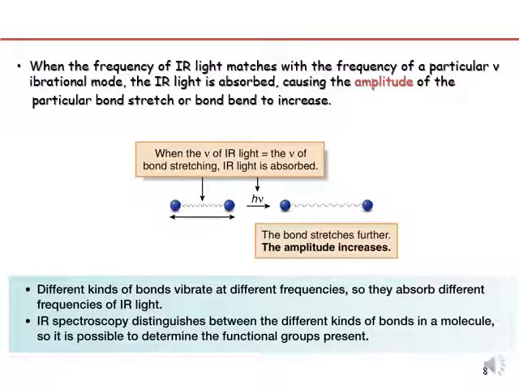Basically, when the frequency of IR light matches the frequency of a particular vibration mode, the IR light is absorbed, causing the amplitude of the particular bond stretch or bond bend to increase. The energy absorbed by the atoms, in this case, we will always refer to as the frequency.